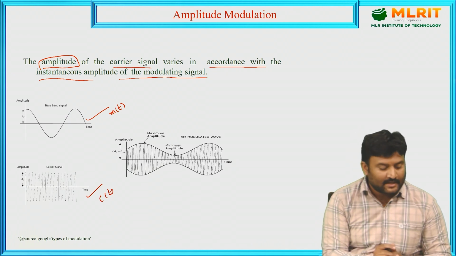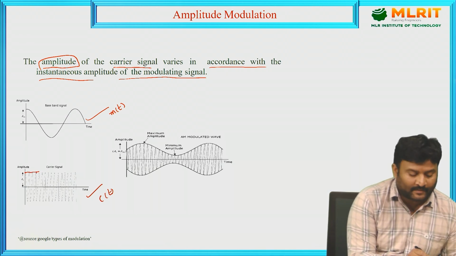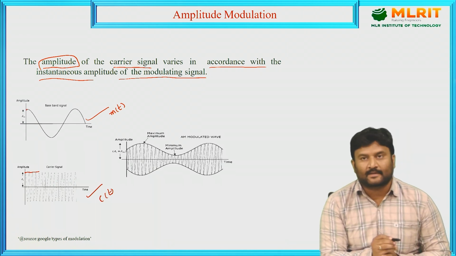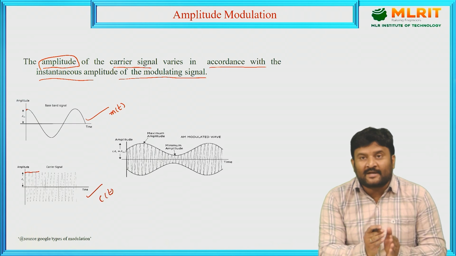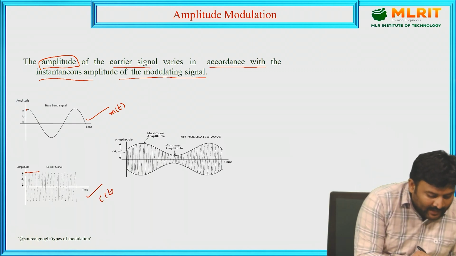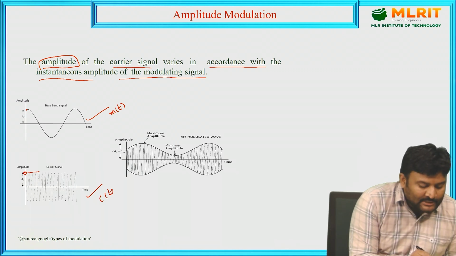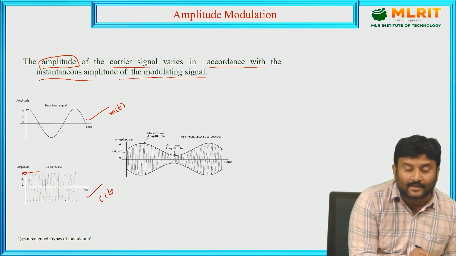That means the carrier amplitude is varying with respect to the message signal amplitude. That means only the amplitudes are varying. For example, this is the carrier amplitude. This carrier amplitude is varying according to amplitude.